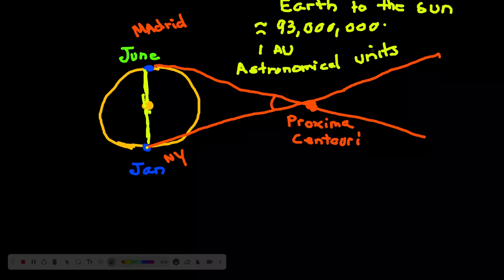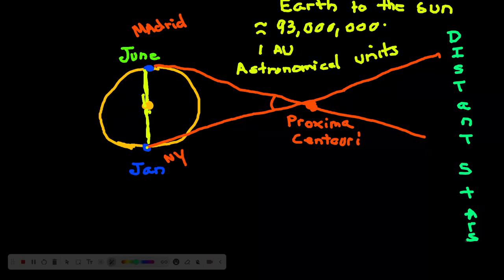Now we have Proxima Centauri, but we also need distant stars past Proxima Centauri. We'll say these are distant stars, stars in the background. Usually you want stars that are much further away than Proxima Centauri. We could use, for example, Sirius or Betelgeuse, or any other star, but you really want stars that are very, very far away.